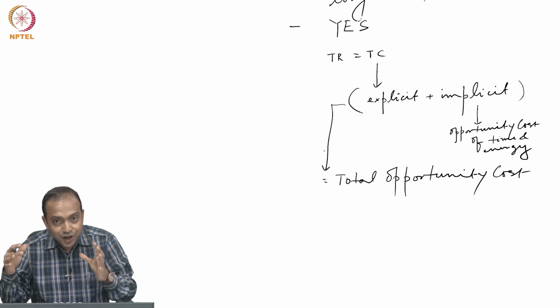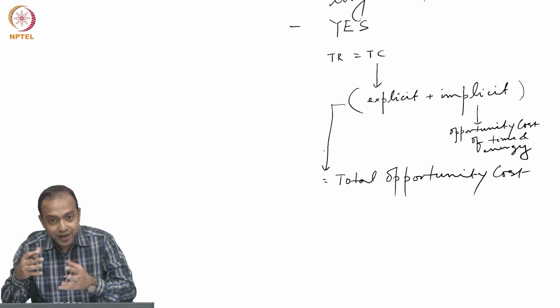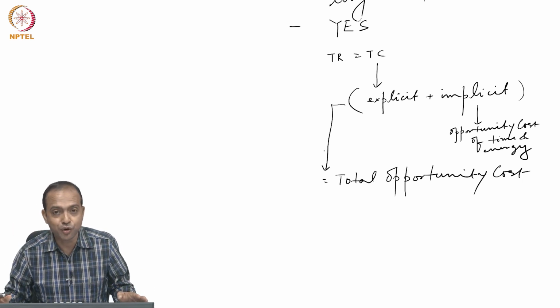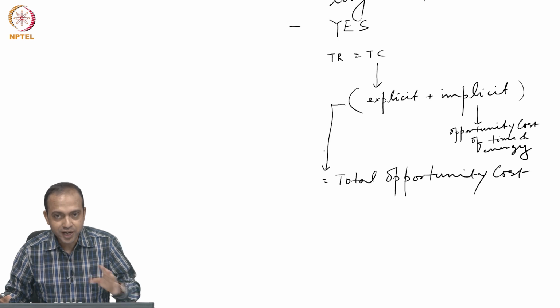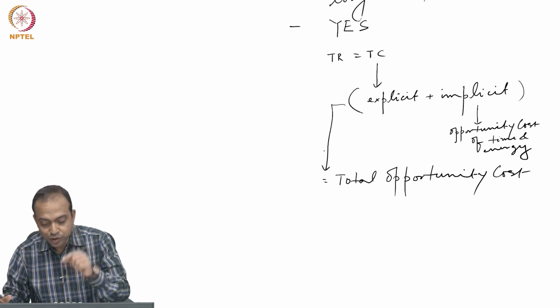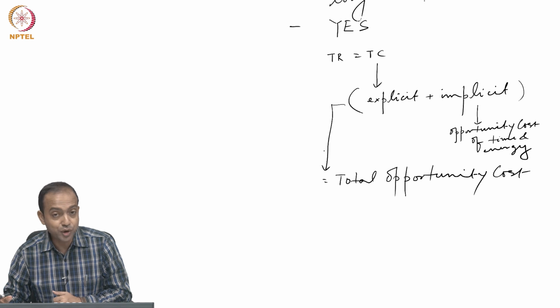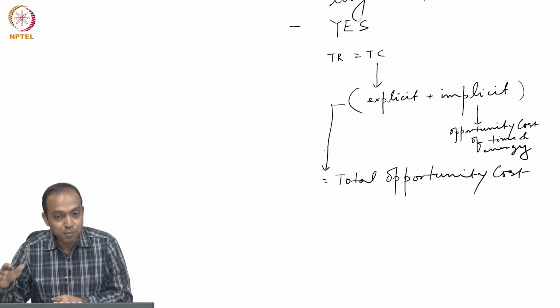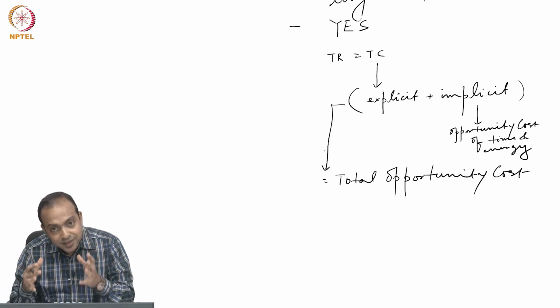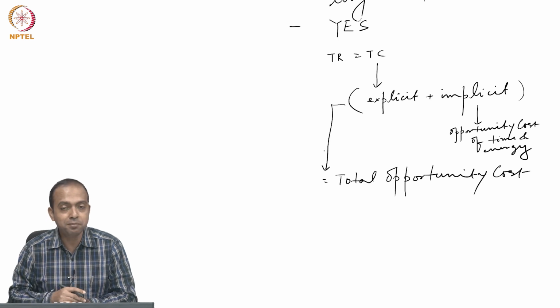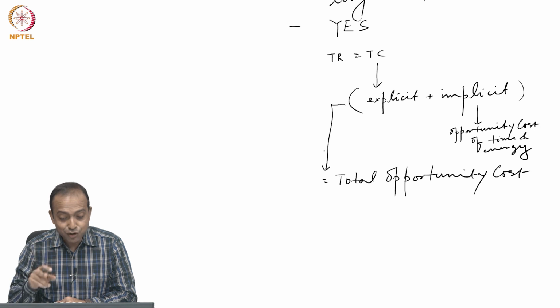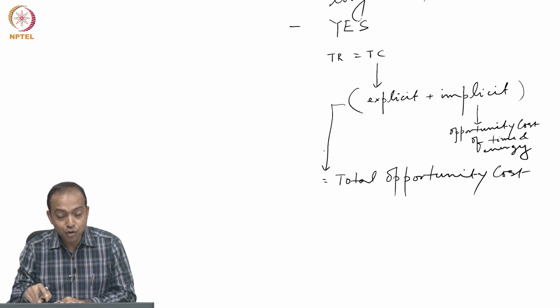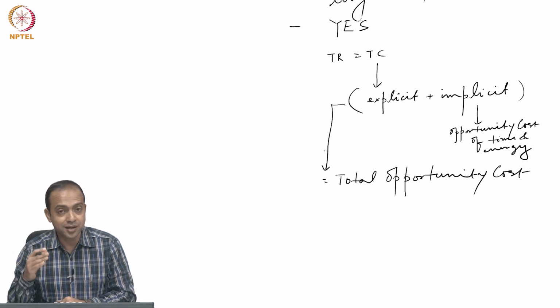Now, when the firm is able to get the total opportunity cost, that means when the total revenue equals to the total opportunity cost, what does it mean? It means that is the best thing you can do at that point of time. As long as total revenue equals to total cost, that means the firm is able to get implicit plus explicit cost back.